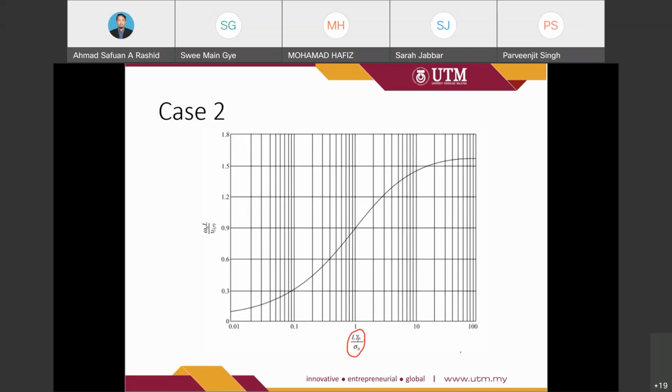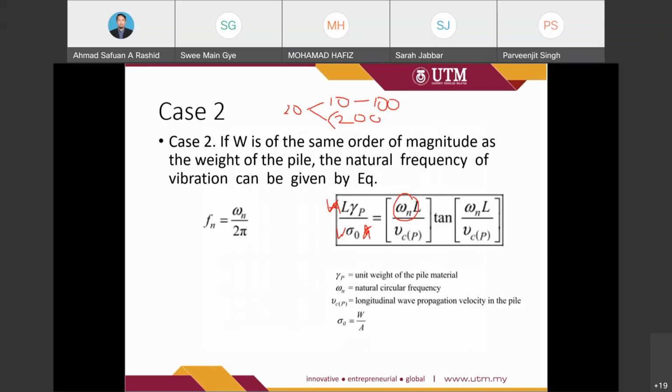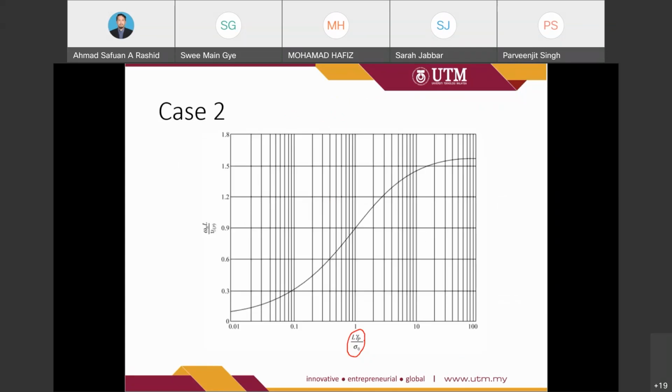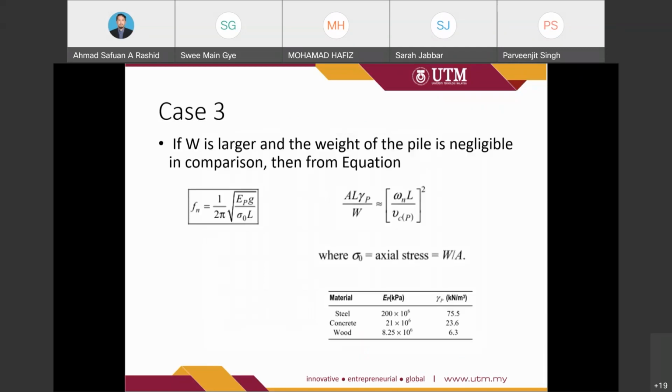So then either we use the equation here, or we use this relationship to determine the omega. So the last one, case number 3, if W is larger and the weight of the pile is negligible in comparison, then from this equation we can determine the value of omega, or we may use this equation to determine the frequency.